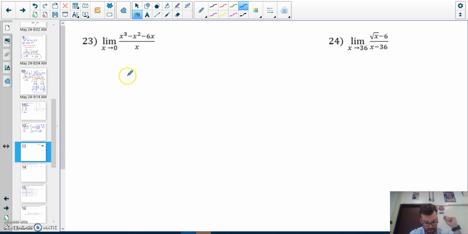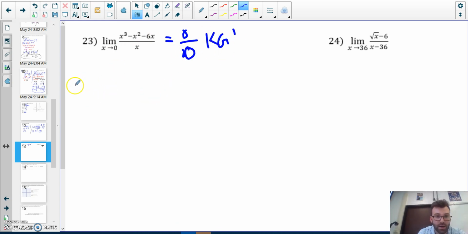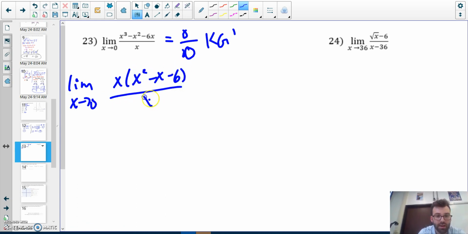Another limit algebraically. If I plug 0 in, 0 minus 0 minus 0 over 0, I get 0 over 0, which means I have an indeterminate form. Keep going. I could take out a GCF in my numerator: x times x squared minus x minus 6, all over x.